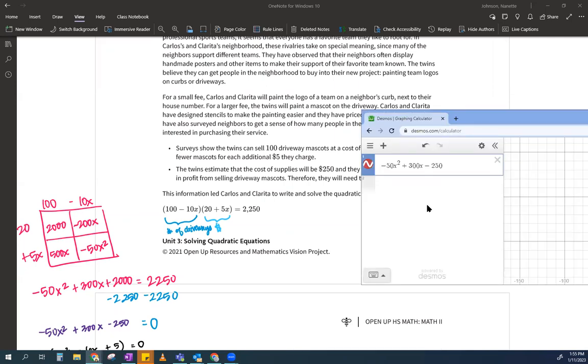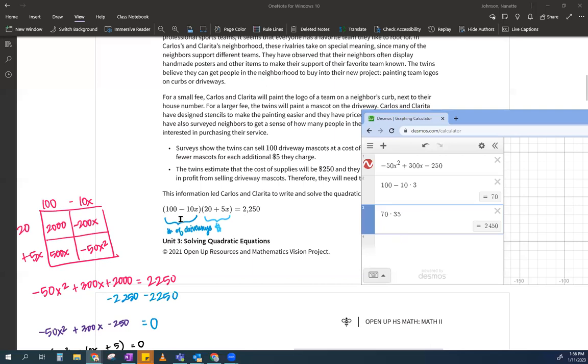So that would be 100. Oops, sorry, not there. That would be 100 minus 10 times 3. Oh, so 70, I'm going to have to paint 70 driveways. So then 70 times $35 is $2,450.